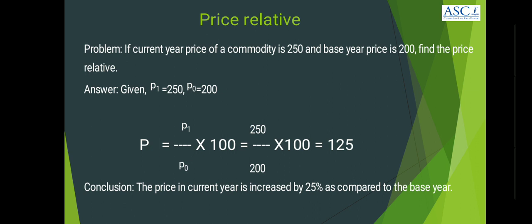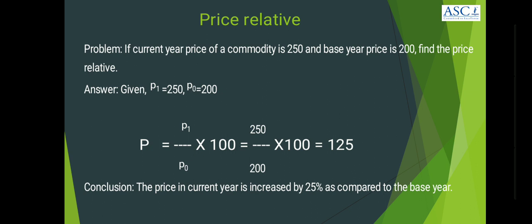Base year price p0 is equal to 200. Here both p1 and p0 are small letters. Substitute these values in the formula of price relative, solve, and we end up with the answer being price relative, represented by the letter capital P, is equal to 125.